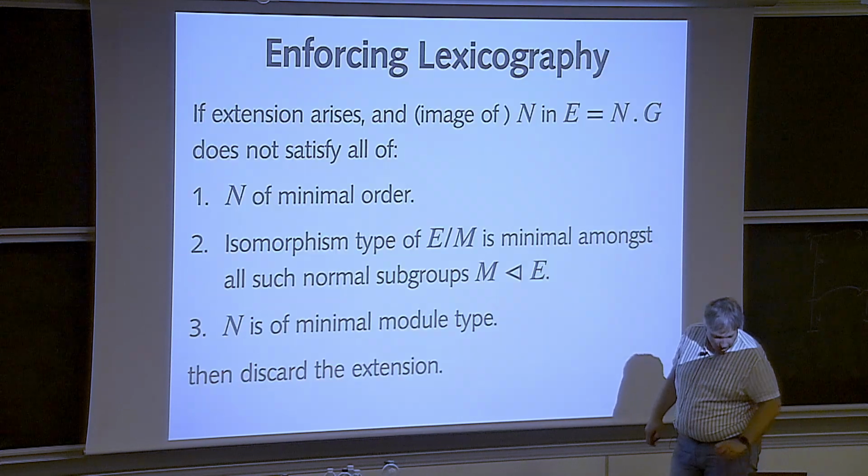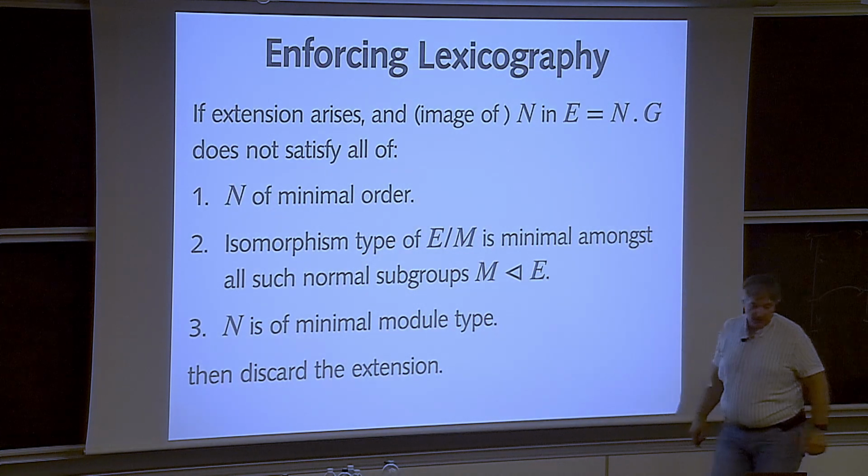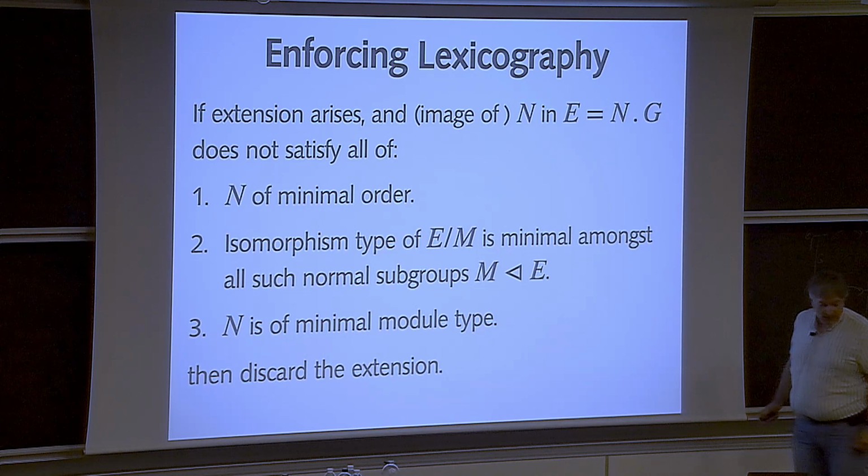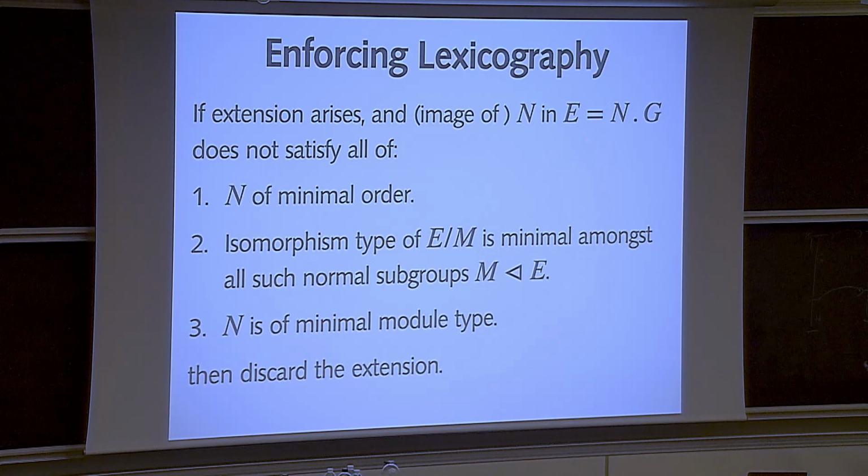Then I need to test these lexicographic conditions. Namely, whenever I construct a new group E, I calculate the normal subgroups of E, which are elementary abelian. I check that N is among them of minimal order. I look for each of them at the isomorphism type of the factor.